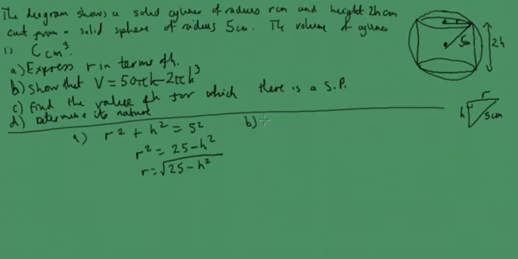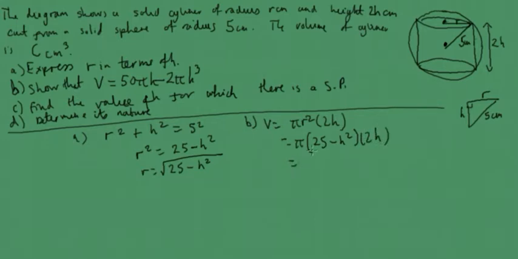So what is the volume of the cylinder? The volume of the cylinder is the area of the circle at the top times the height. So we're going to have pi r squared times 2h. Now we know what the radius is because we've just worked it out. So the radius squared is 25 minus h squared, and we've got this 2h here.